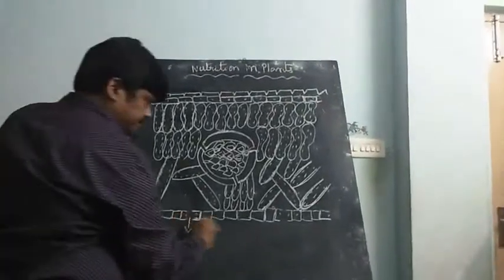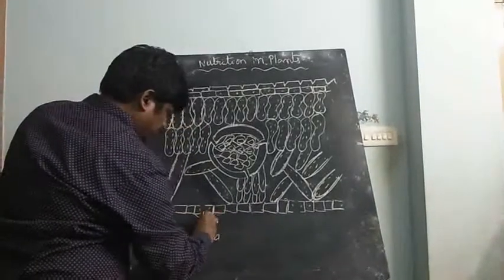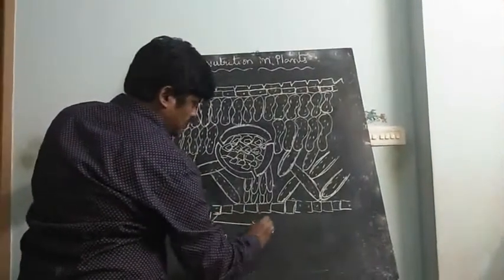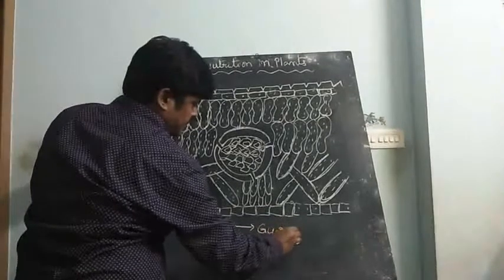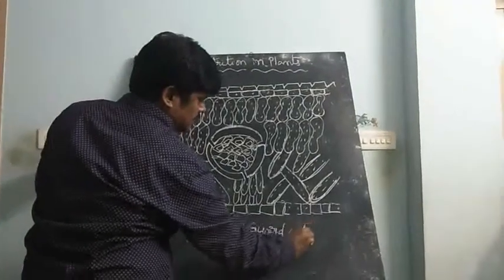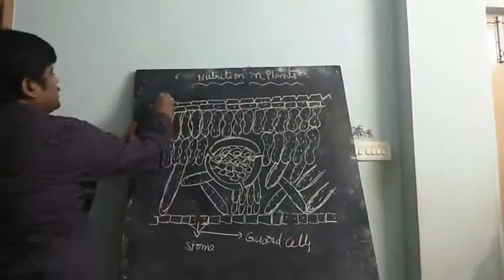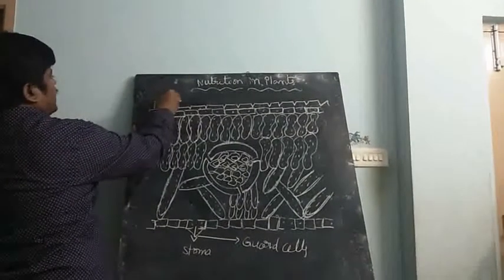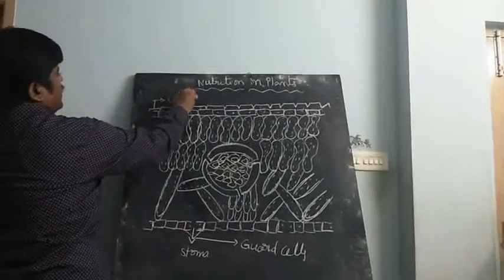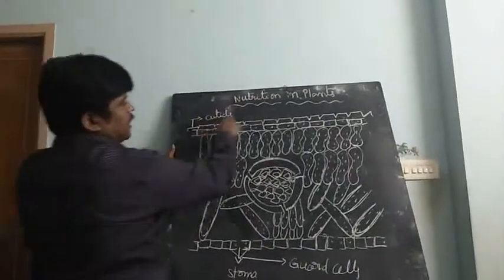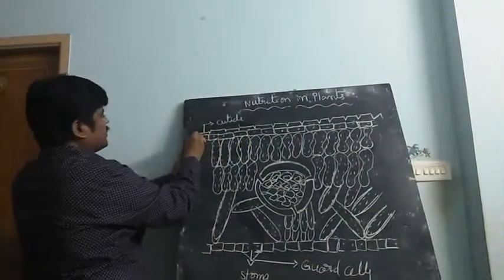Stoma. These two, either side, are called guard cells. Guard cells. This portion is the cuticle. The outer portion is the cuticle.